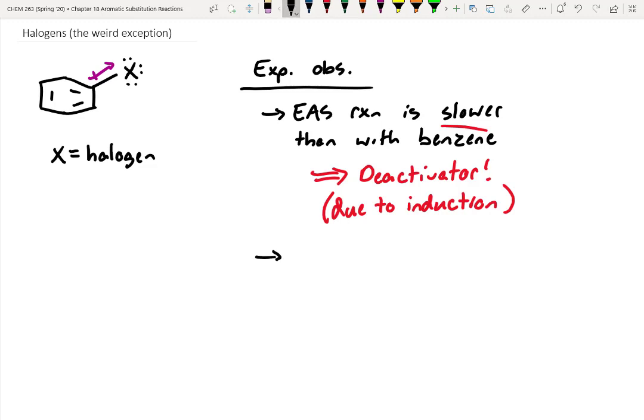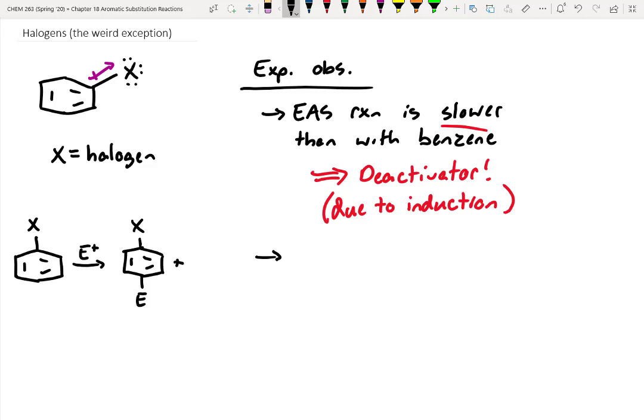The next thing we could do is actually run a reaction. Let's say I've got a halogen right here, and I react this with an electrophile, and all I do is look for the products. We can't see a mechanism in solution, but we can see products, right? So this is one product.